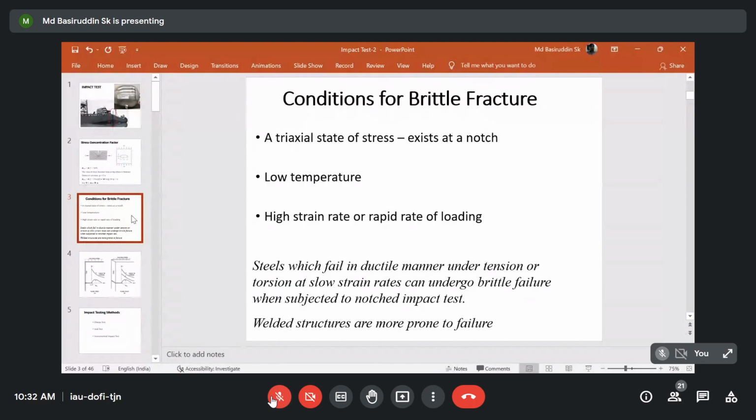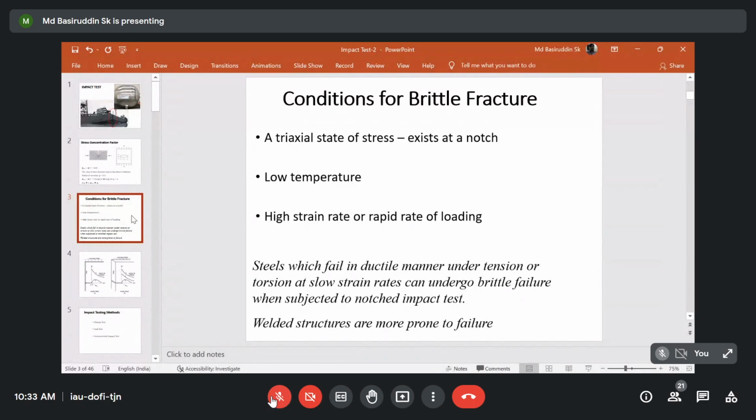Now, to understand the triaxial state of stress, you can think of the example of putting a balloon inside water. You will find that the pressure the balloon experiences in all directions will be the same. The pressure experienced by the balloon is the hydrostatic pressure, which is a normal pressure.